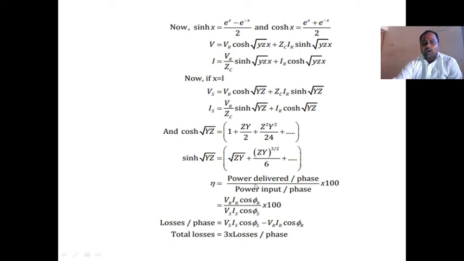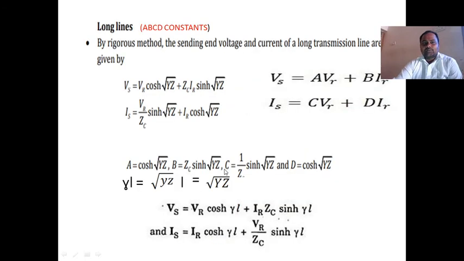Efficiency is equal to power delivered per phase by power input per phase into 100. So receiving end Vr Ir cos phi r by Vs Is cos phi s into 100. Losses per phase is Vs Is cos phi s minus Vr Ir cos phi r. Total losses is nothing but 3 into losses per phase.